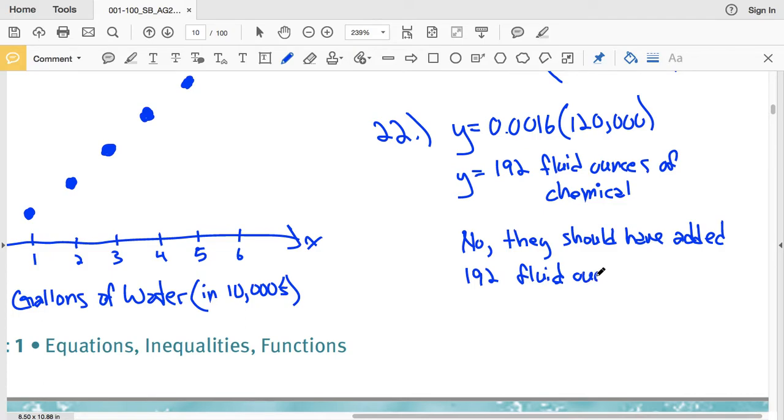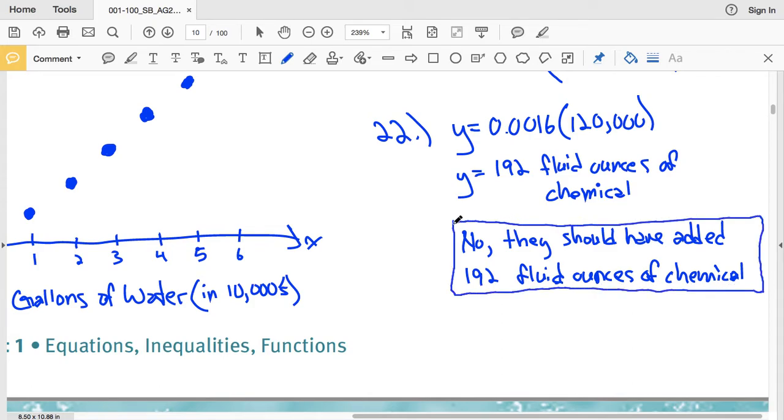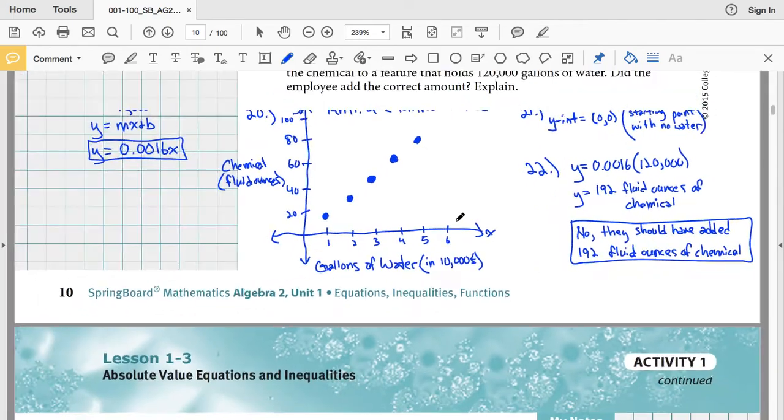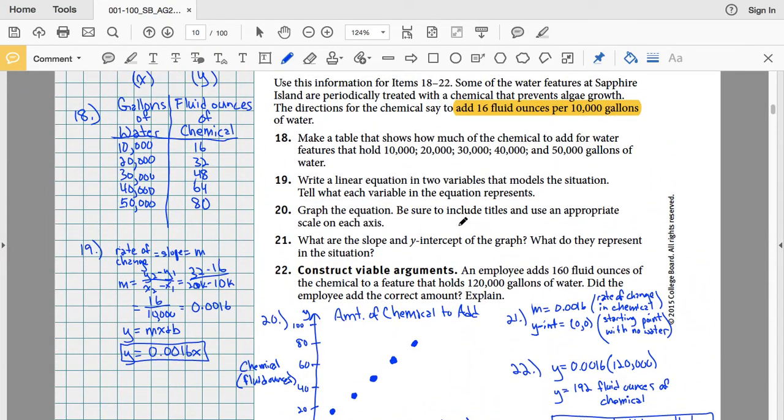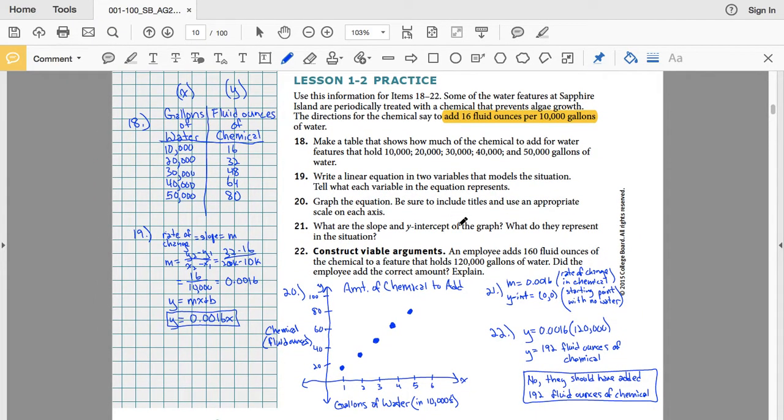We've come this far, so let's write out the whole thing. Chemical. Okay, so there we go. All right, let me zoom out a little bit so we can see the whole thing here. So this is the entire picture of lesson 1-2 practice questions from Algebra 2 Honors.